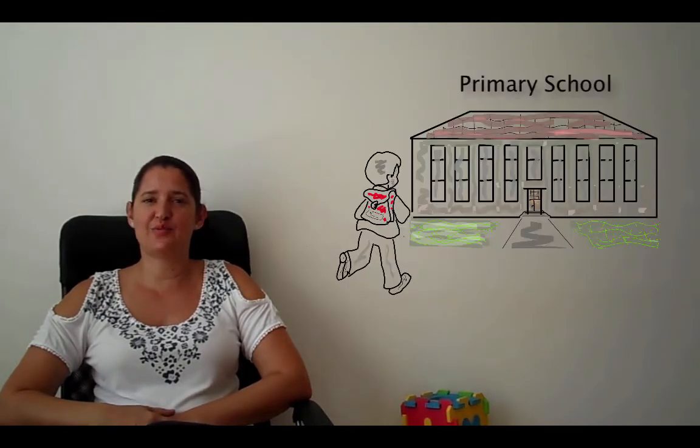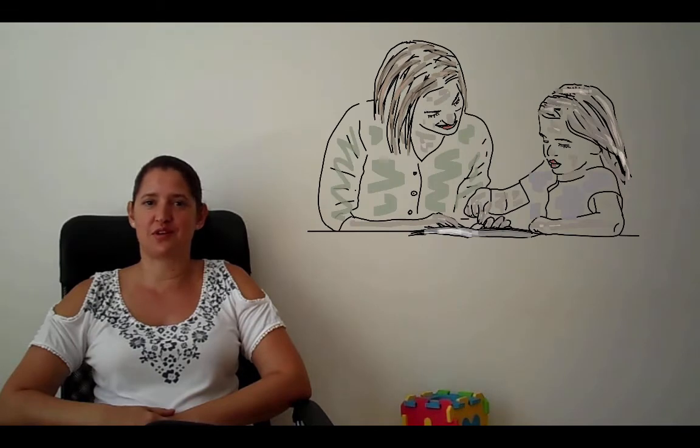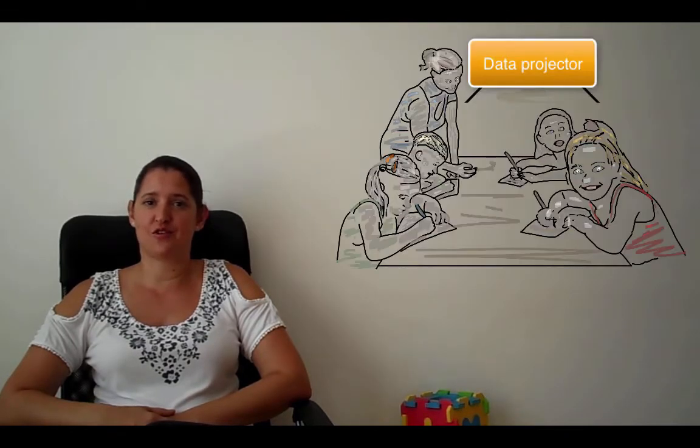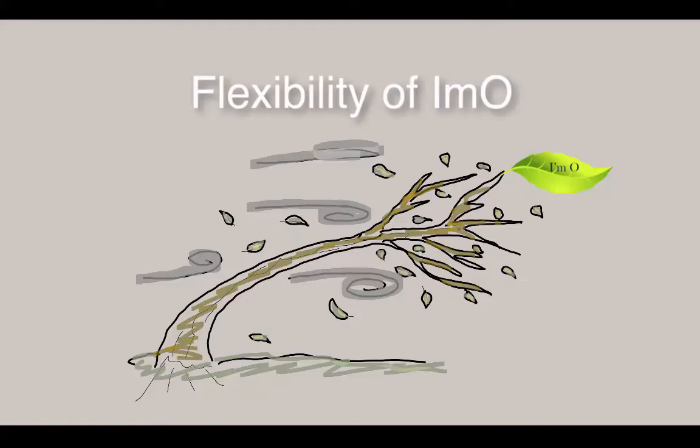Using the projector, the teacher works with the whole class at the same time. At the primary school, there are special teachers, psychologists, and assistants working on individual sessions with children, developing specific skills or doing free time activities in groups in the afternoon.